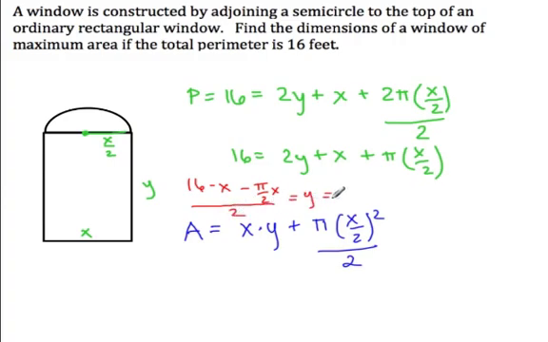I think I can simplify that a little bit. 8 minus x over 2 minus pi x over 2, which is also equal to 8. I'll just take out a minus x, so x times 1 minus pi over 2.